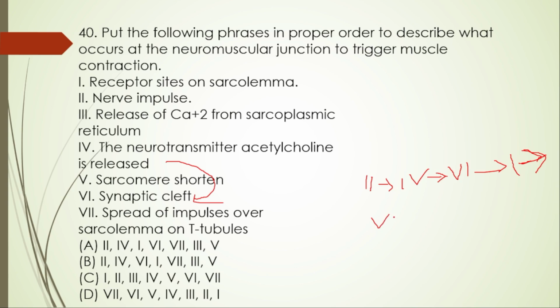Next comes the 7th one, and after T tubules, release of the calcium ions from the sarcoplasmic reticulum. After the 7th one, the 3rd one, and then last, sarcomere shortens.